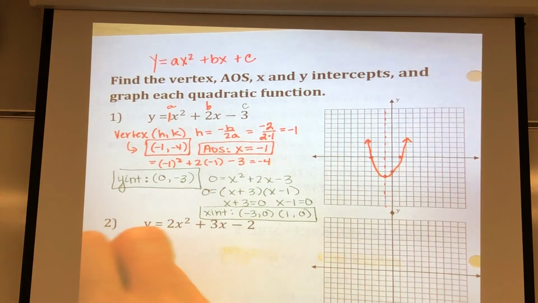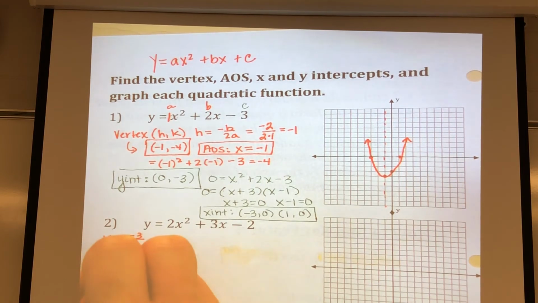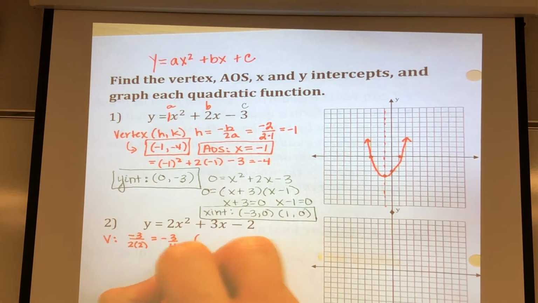All right, we will start with vertex. So we want opposite of B over 2 times A, which gives us a -3/4. Then you're gonna have to substitute that back in for both x's. You probably are gonna need to use a calculator to do that, to find the y value.